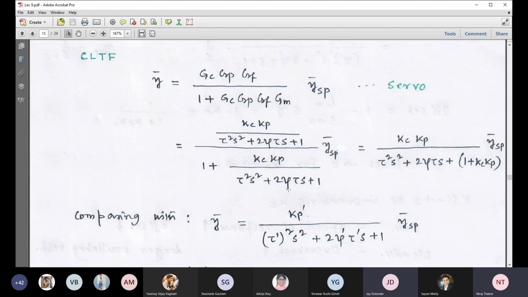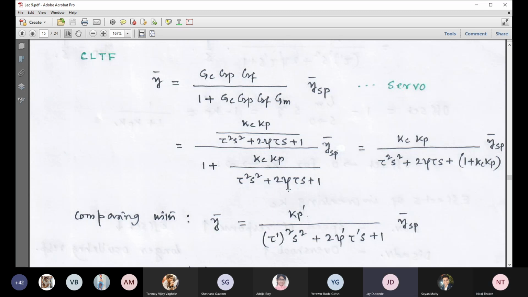Sir, Kp prime will be Kpkc upon 1 plus Kpkc. Tau prime is tau upon 1 plus Kpkc. No, one root is there. What's your roll number? 19CH30008.